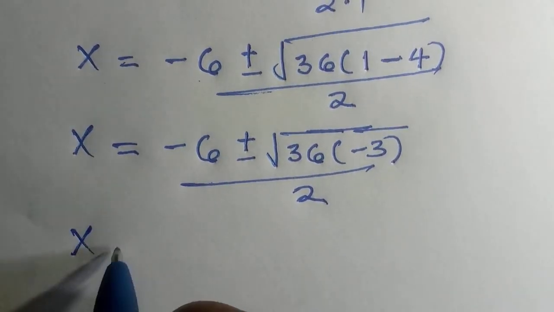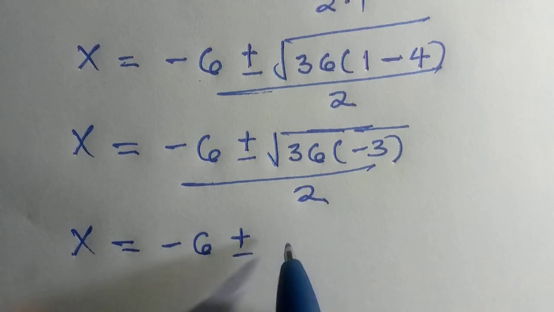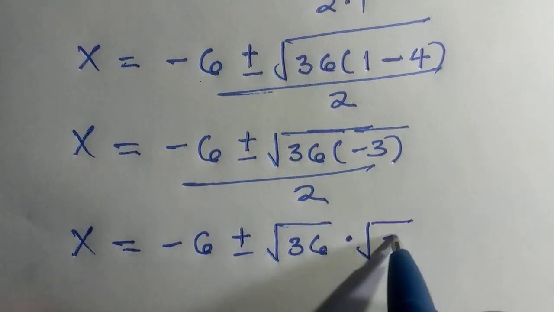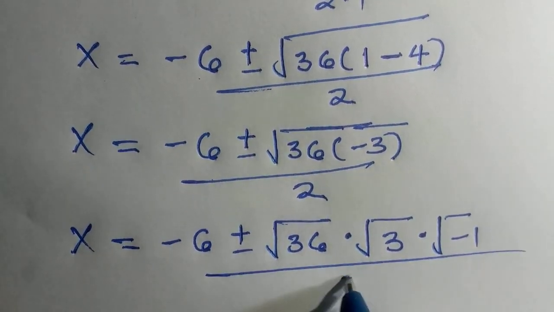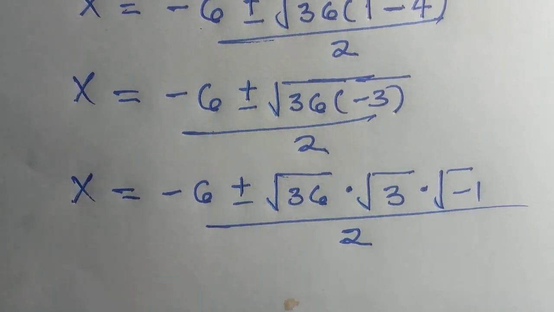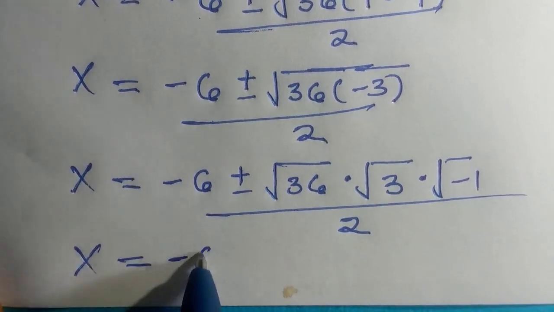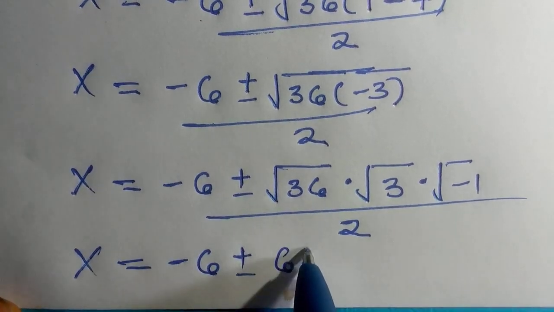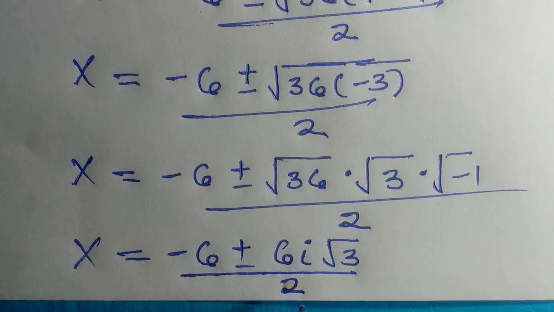And here we can separate this as square root of 36 multiplied by square root of 3 multiplied by square root of minus 1, divided by 2. And the square root of 36 is given as 6, then square root of minus 1 is given as i. So therefore we have x equals minus 6 plus or minus, we multiply all this together, 6i square root of 3 divided by 2.